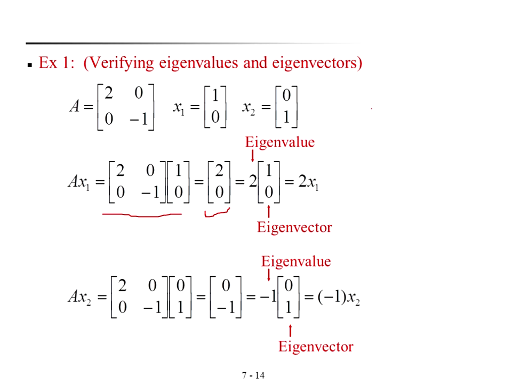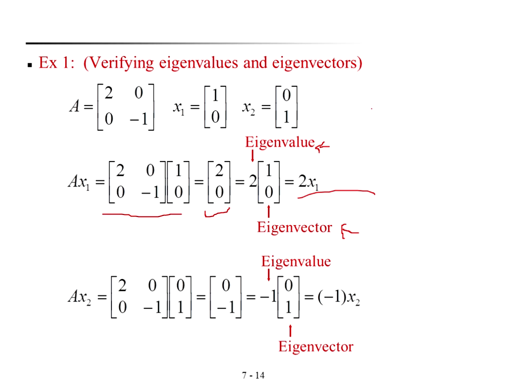If we take 2 common outside, then 2 is called the eigenvalue, and the rest of the part is called the eigenvector. Or you can write this as 2x1.